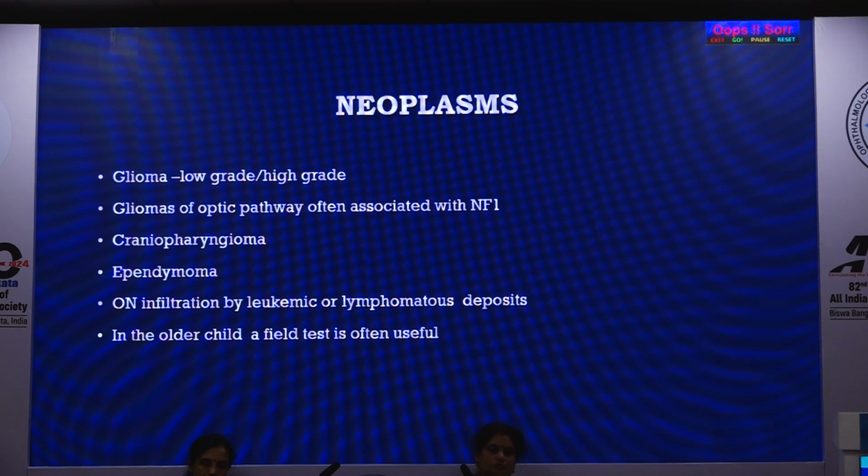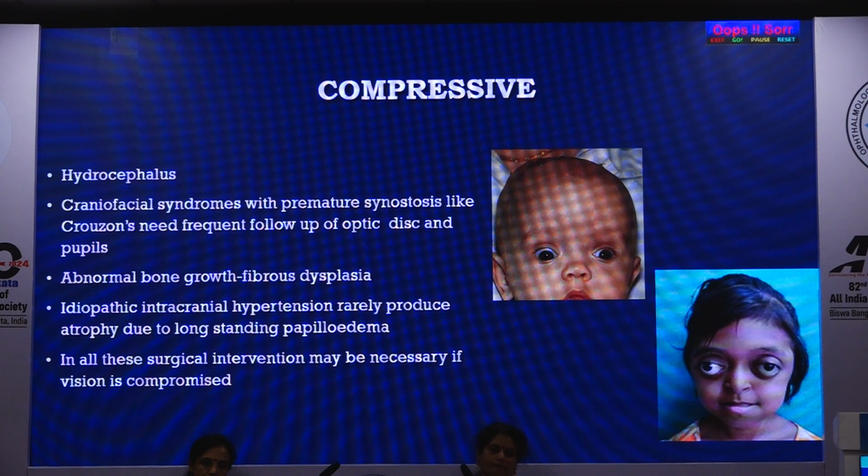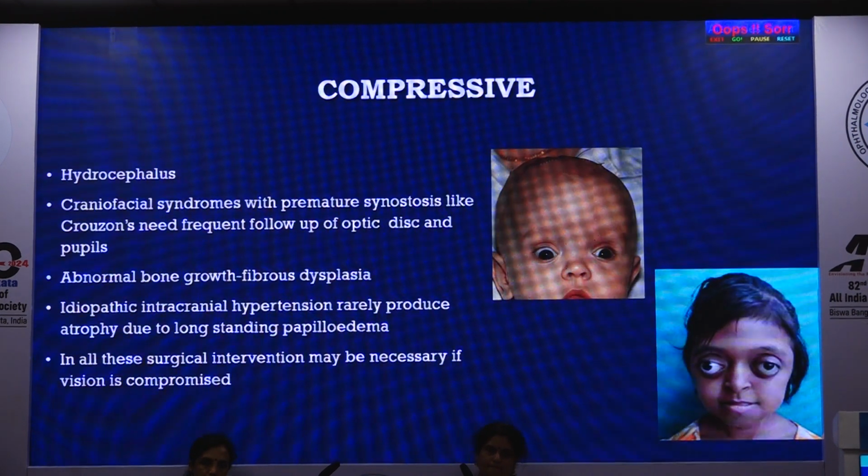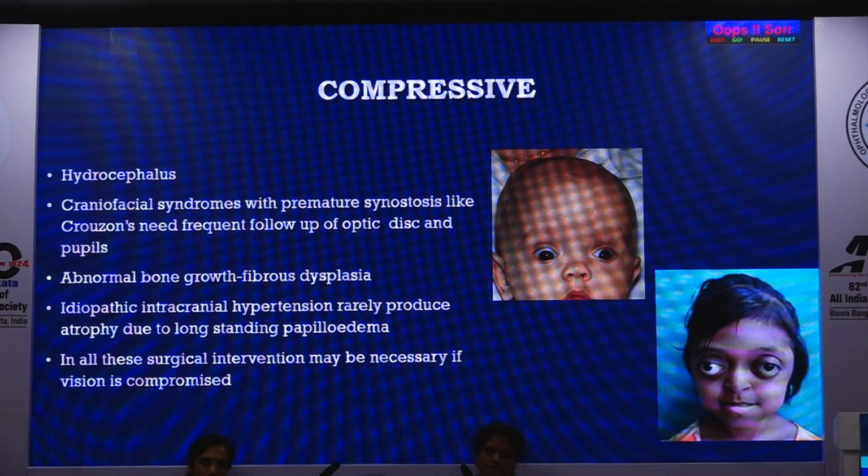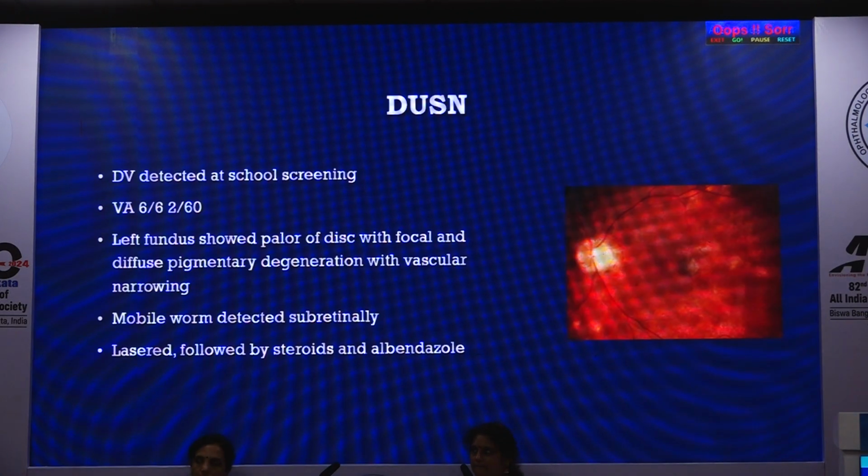He was operated on. And these are some of the tumors of childhood. Compressive lesions are also not uncommon. You have to follow up these patients for any compression and optic nerve dysfunction, and surgical intervention may be necessary.